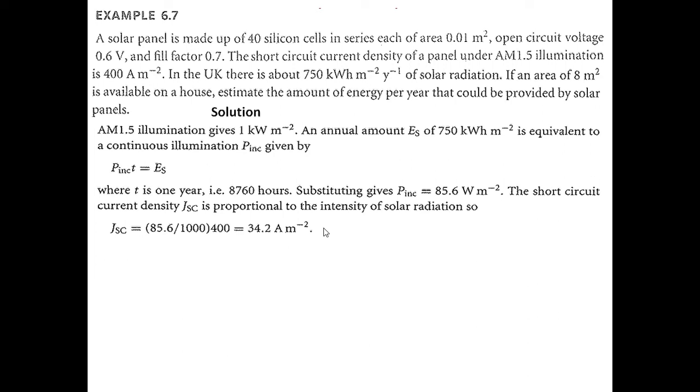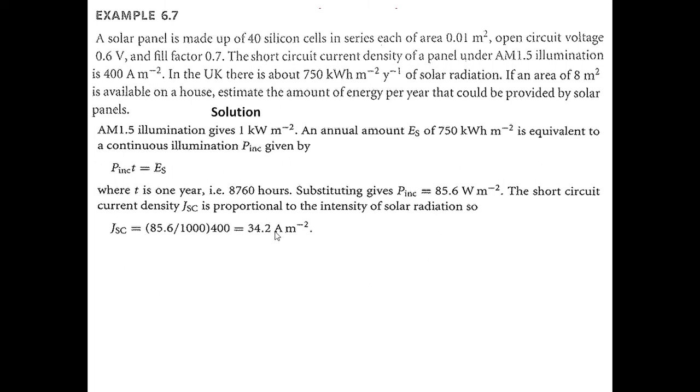It is proportional, because the more the power, the more the current density. So you just divide 85.6 by 1000 and multiply by 400, which is the current density. This is the practical power falling onto my panel, and this is the current density it will produce.